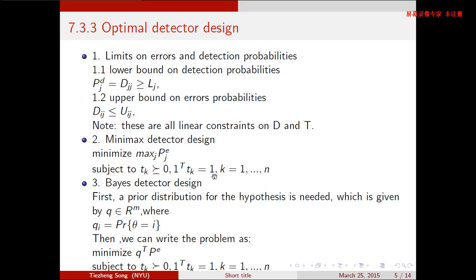Another way to design it is to use this Bayes detector design. First, a prior distribution for the hypothesis is needed, which is given by Q. So this is the probability for the parameter equals to i.